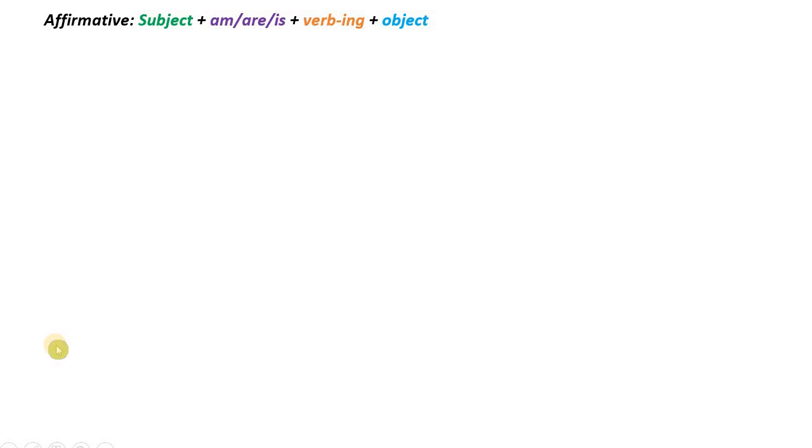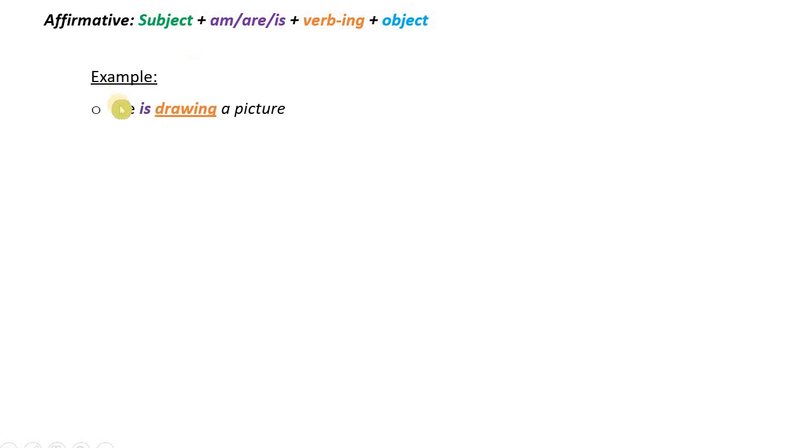Let's take a look at the form of the present continuous. We have the affirmative form. We use the subject, the auxiliary to be, am, are, or is in the simple present tense, and the verb plus ing, the verb in the ing form, and of course an object.